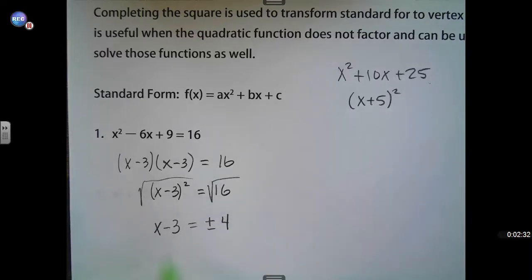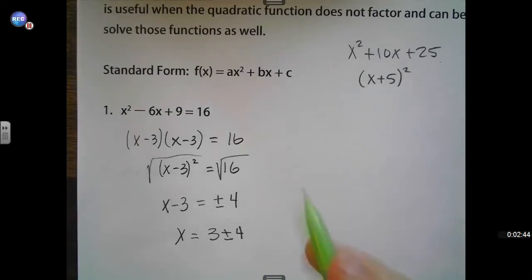Then we add 3 to both sides, so x is 3 plus or minus 4. Sometimes this will be a radical, and we'll say, there we are, as long as that's in simple radical form. Obviously, 16 is a perfect square, so our answers are 3 plus 4, which is 7, and 3 minus 4, which is negative 1.